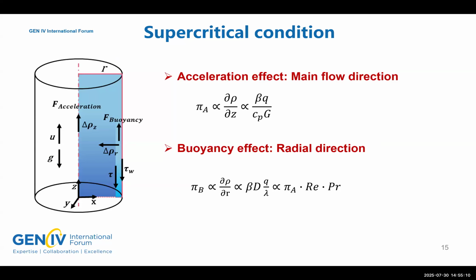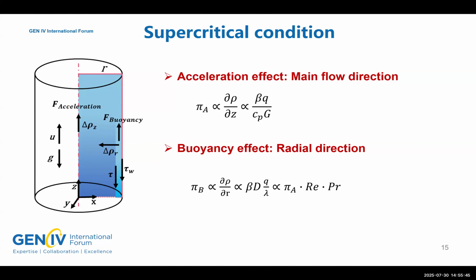And from the phenomenal point of view, due to the large variation of the thermal physical properties, especially near the pseudo-critical line, there exists a strong buoyancy effect and acceleration effect near the heated wall. The acceleration effect can be characterized by the density gradients in the main flow direction, the z direction.